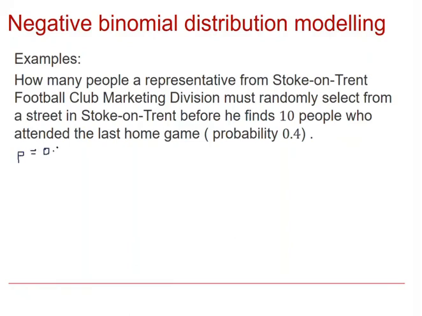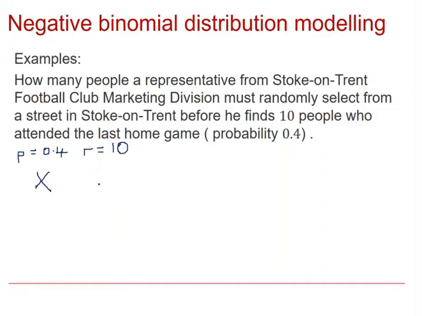The probability of a success, the probability of finding a person who attended the last home game is 0.4, and this time r is 10 because we require 10 people who attended the last home game, and our random variable X would represent the number of people selected before 10 people were found who attended the last home game.